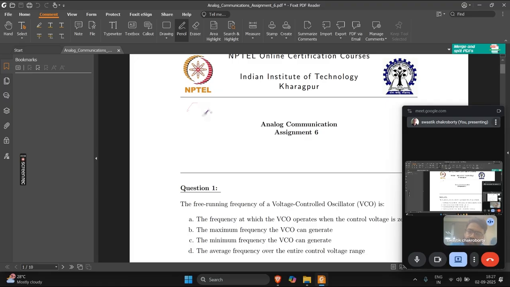The free running frequency is defined as the frequency at which the voltage input is zero, so Vin equal to 0. If you give no input, because this is an oscillator, it will have a natural frequency response. It will have a natural oscillation frequency even without any external stimulus. That is called the free running frequency.